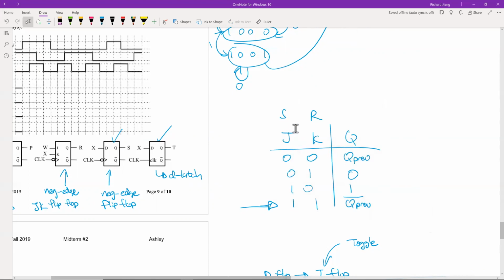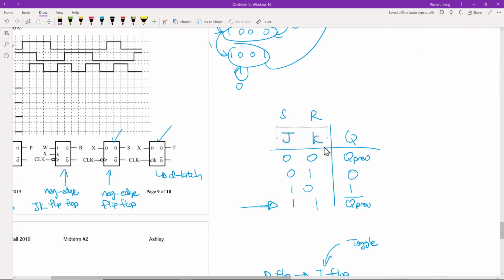Again, it's a modified SR flip-flop or SR latch. These here look exactly the same as the SR flip-flop. The bottom one is the reason we changed these names, because S meant set and R stood for reset, and it doesn't make sense to try to both set and reset at the same time. So now we renamed them J and K, which don't actually mean anything.